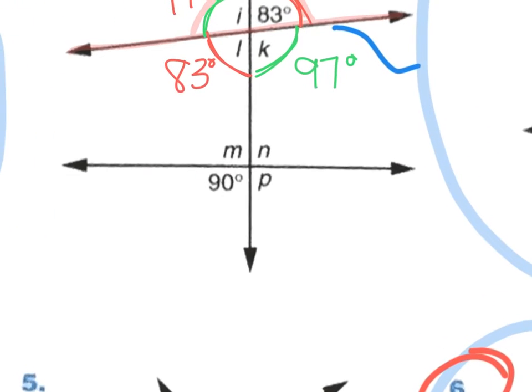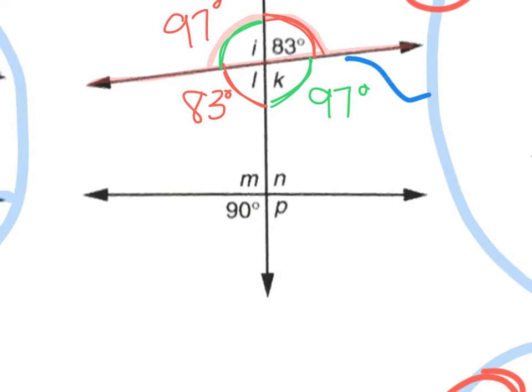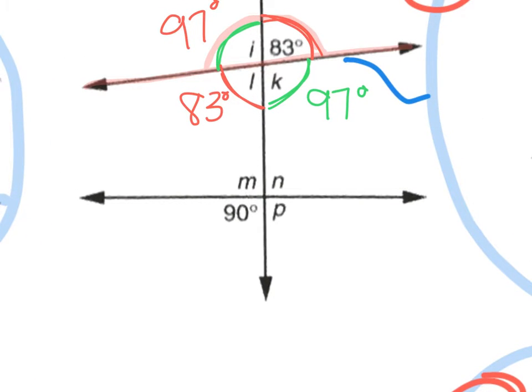So we've solved for our top. Now looking at our bottom, hopefully we're picking up on this already. If I have a 90-degree angle here, what is going to happen to the rest of my angles? They are all going to be 90 degrees.